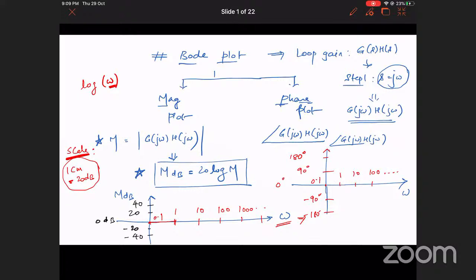Okay. So I'm sure now you understood what I said so far, and now I'm switching to very important things. There are certain things that I'll tell you that you should try to remember, and if you remember, then it becomes very easy for you to plot a Bode plot.